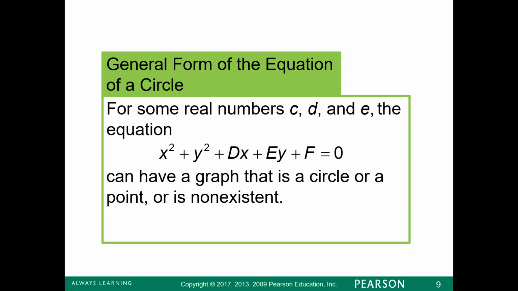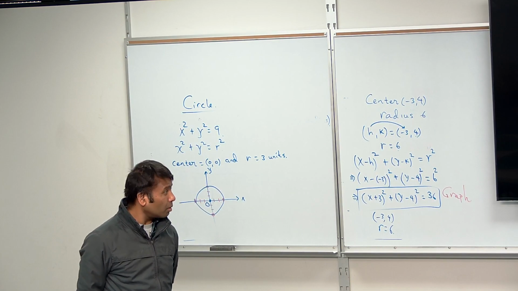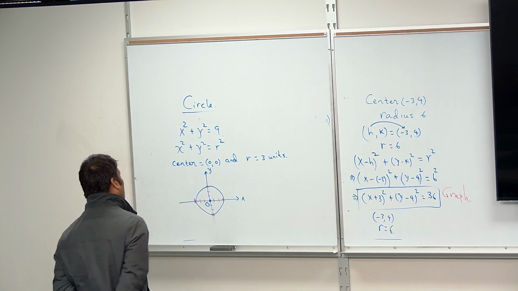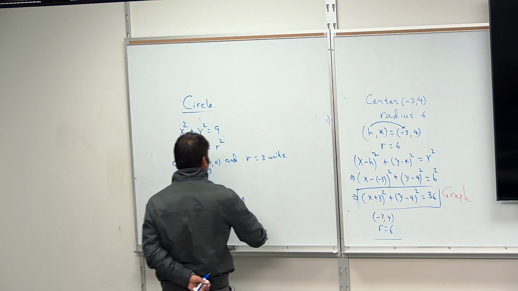For some real numbers D, E, and F, the equation x square plus y square plus dx plus ey plus f equal to 0, this is the general form of the equation of a circle. It can have a graph that is a circle, or a point, or is non-existent.